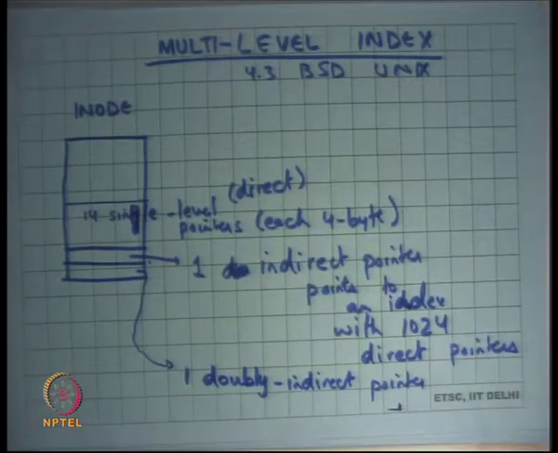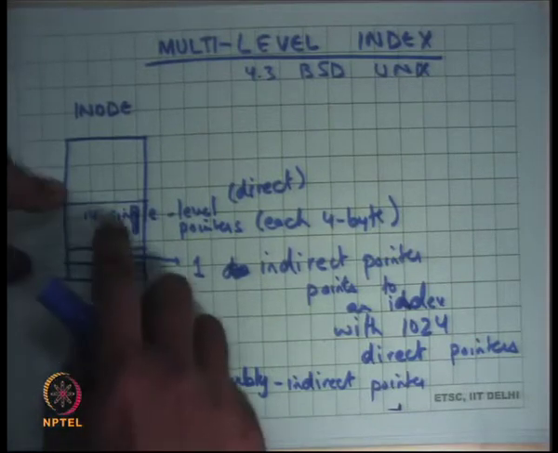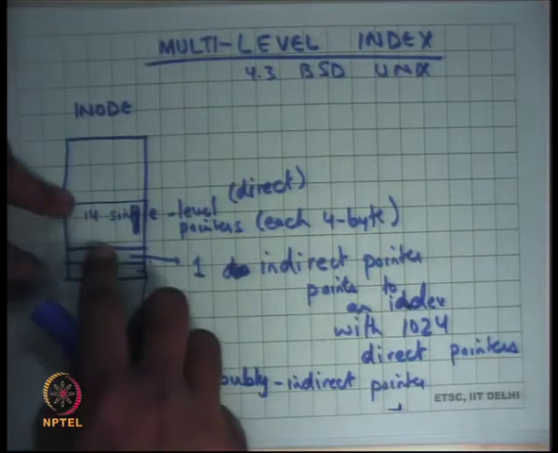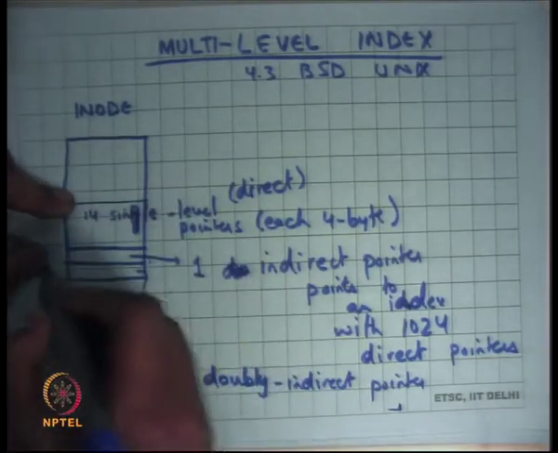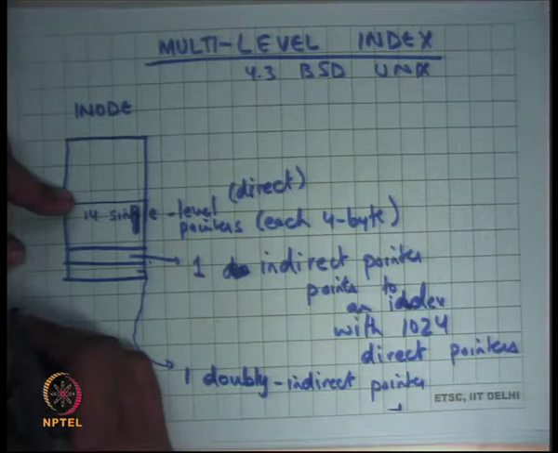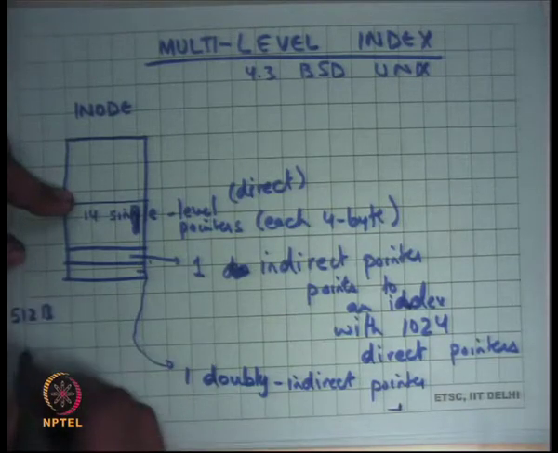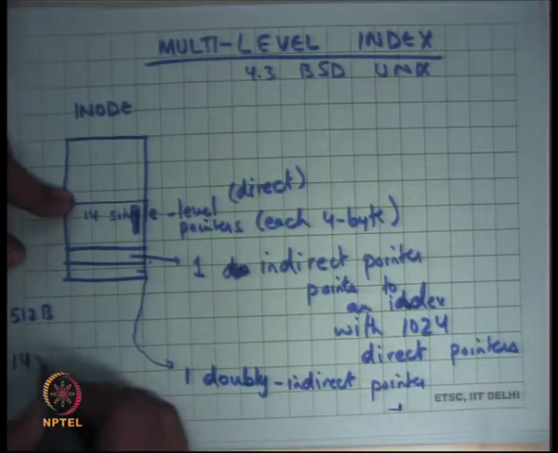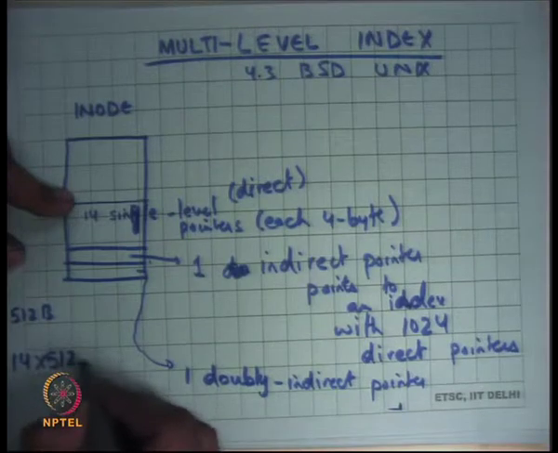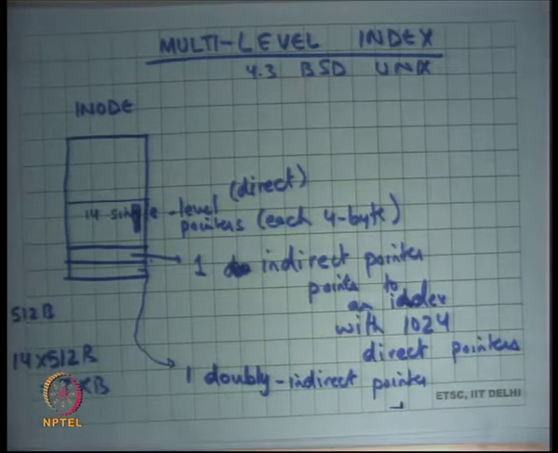Okay. So with something like this, you have optimized for the common case, which is small files. So for small files, let's say my block size was 512 bytes, then files of size 14 into 512 bytes, that's 7 kilobytes. So files of up to size 7 kilobytes will need only one metadata access to be referenced, right?